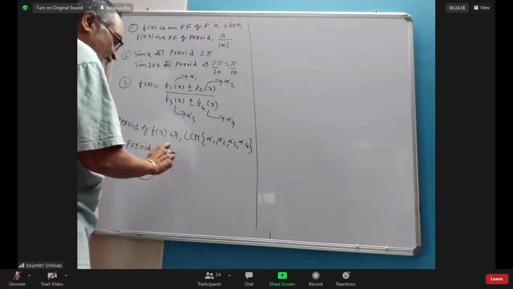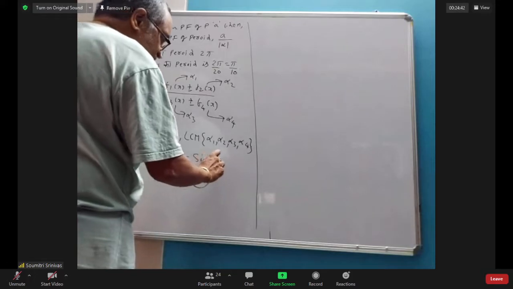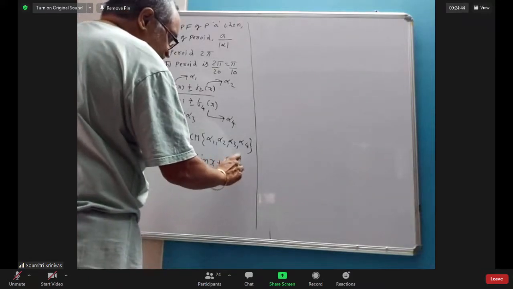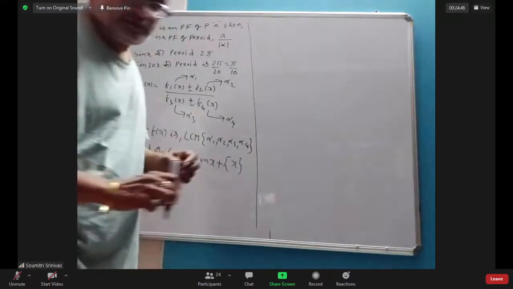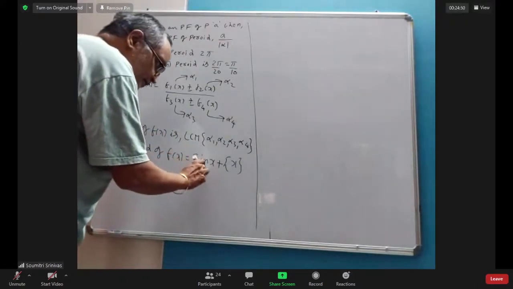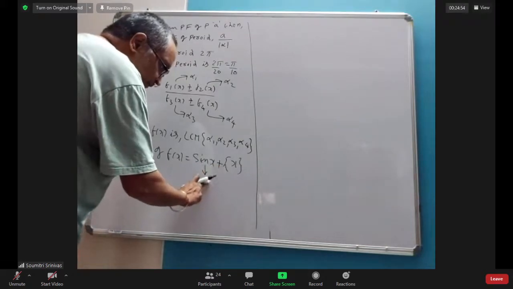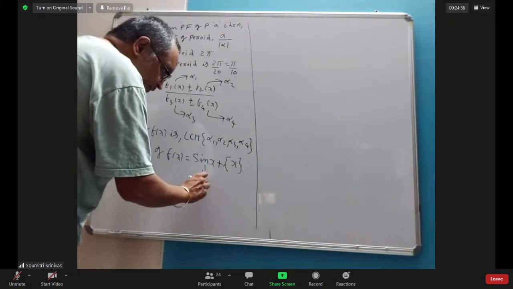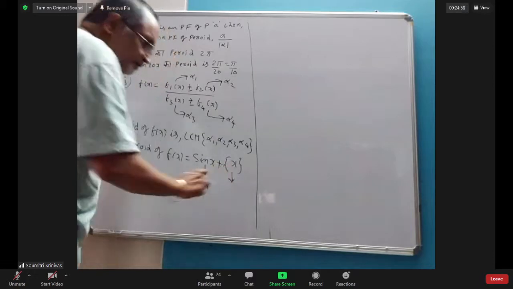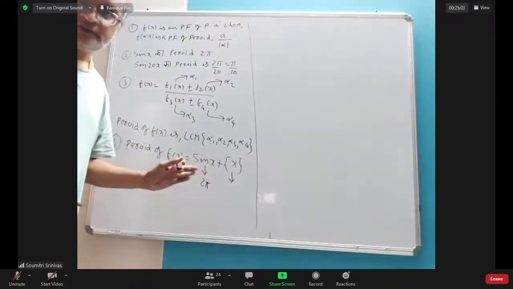Period of sin x plus fractional part of x. The period of the first is 2 pi. The second is the fractional part of x.